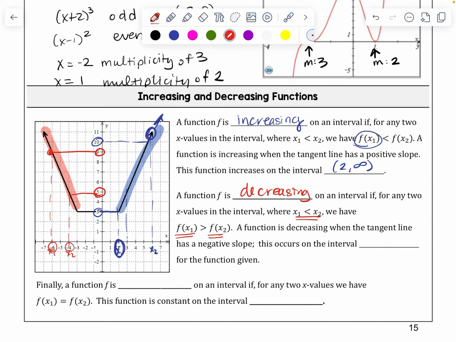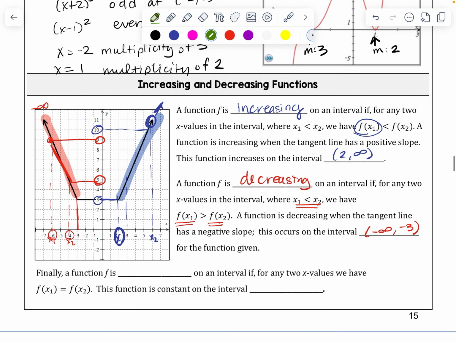This is how we know that it's decreasing. So for us, this occurs on that entire interval from -infinity to when x is -3. And then a function is constant where their f of x values are the same. And so we know that's happening here when x is from -3 to 2.